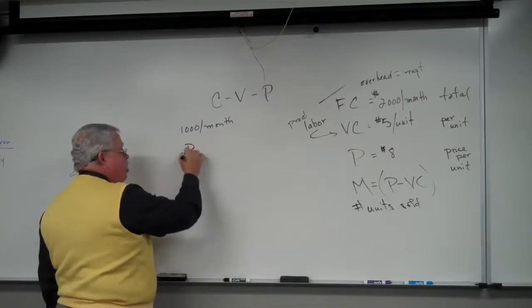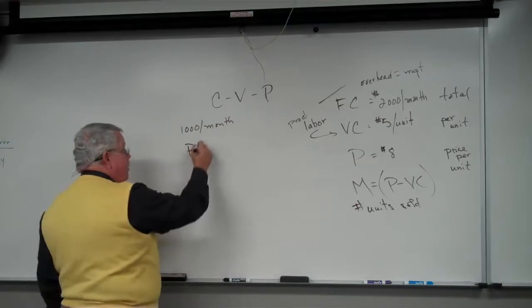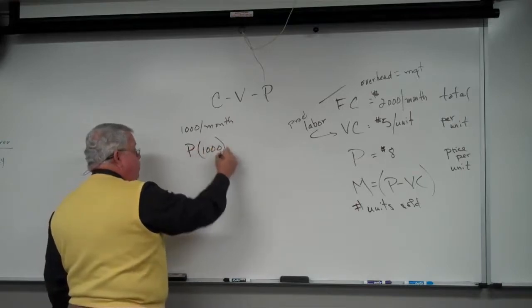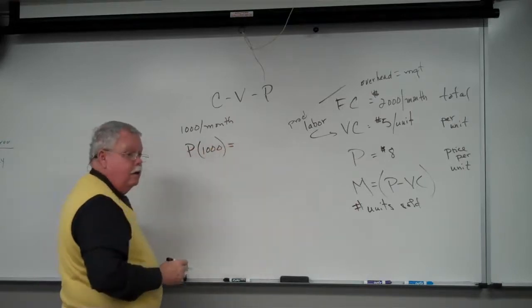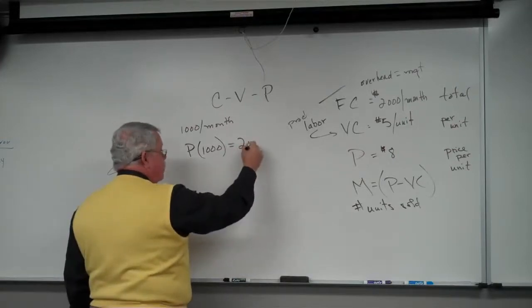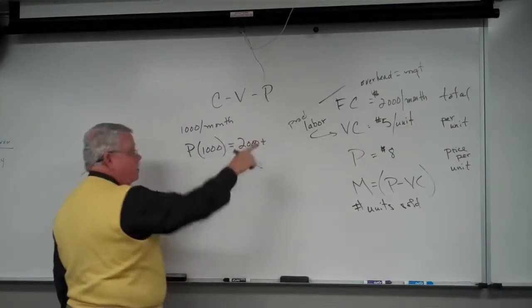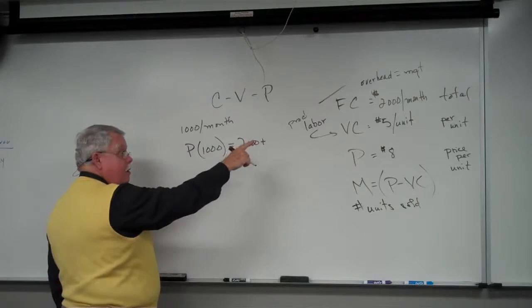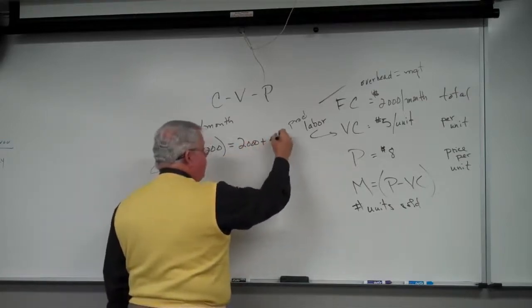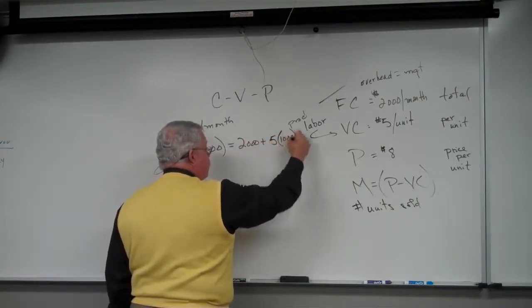Whatever price I charge, because that's what we're still trying to find, that price for 1,000 units has got to equal what? My fixed costs plus variable costs, $5 each for 1,000 units. You see that?